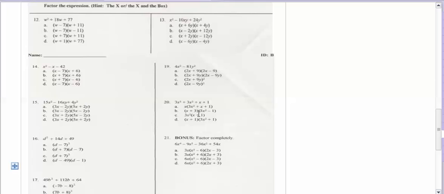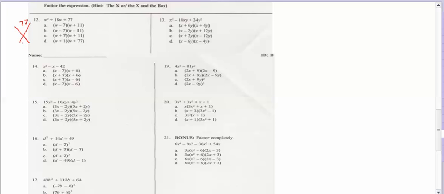Okay, now I'm getting into factoring. Number 12, I look and see if there's anything that I can take out that they have in common. No. Okay, so then I look to see, is it a perfect square trinomial? No, because there's no perfect squares here, or there's one there, but there's not one there. Okay, so then I do my X. So the first times the last is 77.